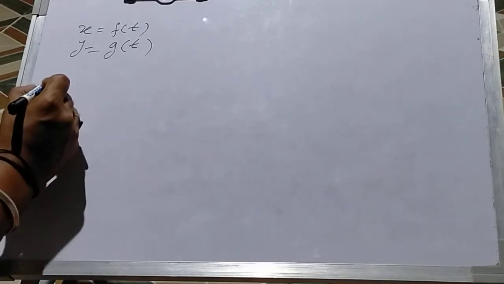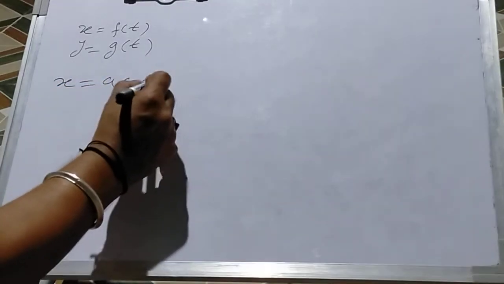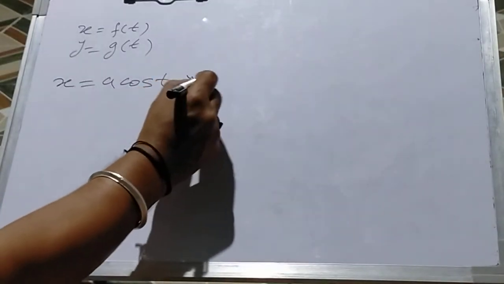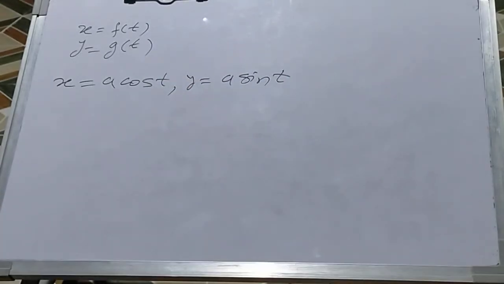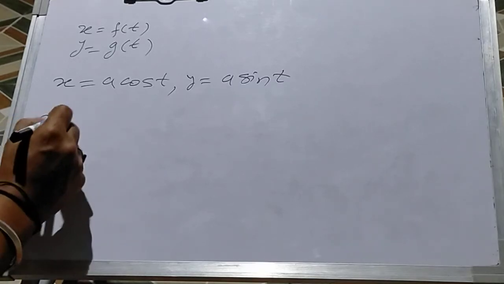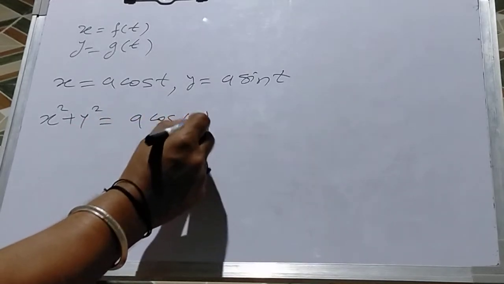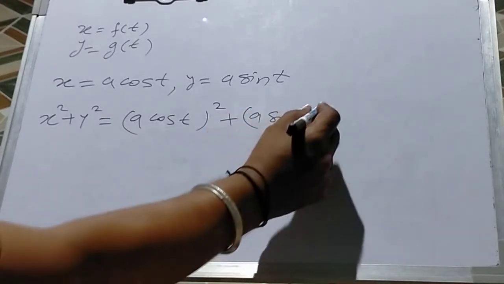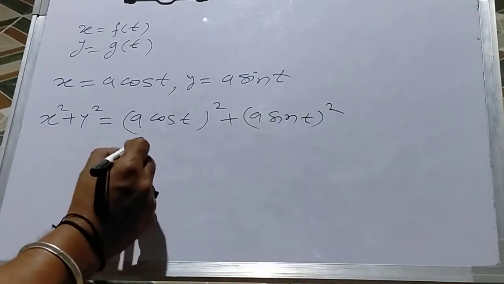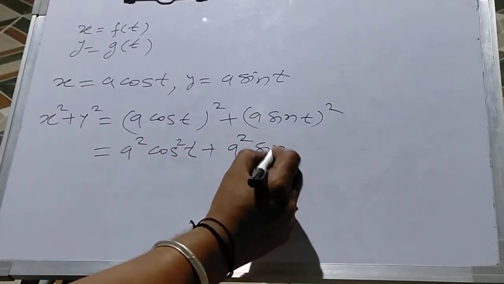For example, if x equals a cos t and y equals a sin t, then x square plus y square equals (a cos t) square plus (a sin t) square, which equals a square cos square t plus a square sin square t.